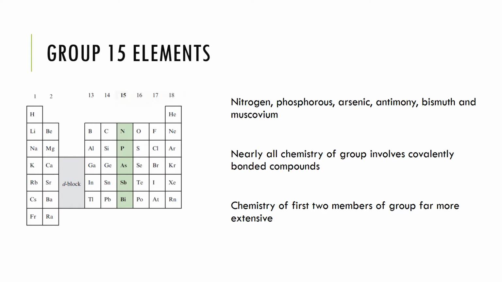So now nearly all of the chemistry of the compounds involved in this group are covalent in nature. And indeed, the chemistry of the first two members of the group, so nitrogen and phosphorus, is far more developed than it is for arsenic, antimony, bismuth, and moscovium.